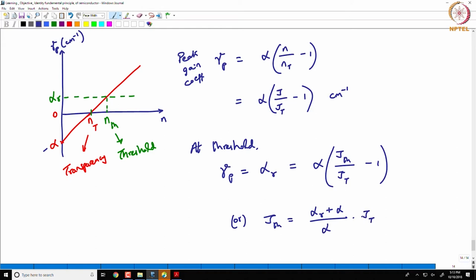So, the threshold current density is greater than or equal to the transparency current density, because you need to have extra current injected to overcome the losses in the cavity, right. And how much extra is determined by this factor alpha r over alpha: what the resonator losses are compared to the loss in the material itself, the absorption in the material.